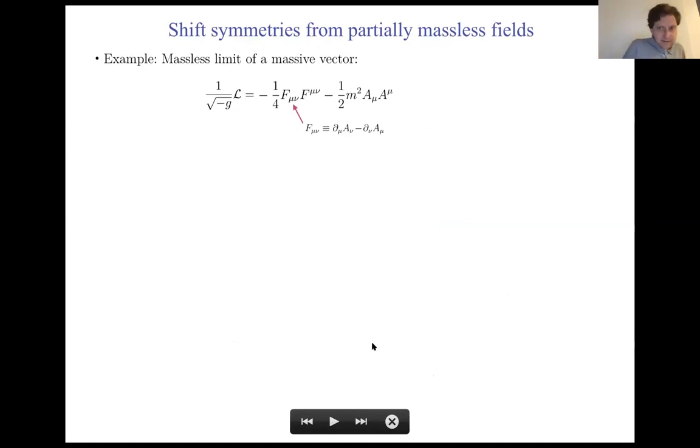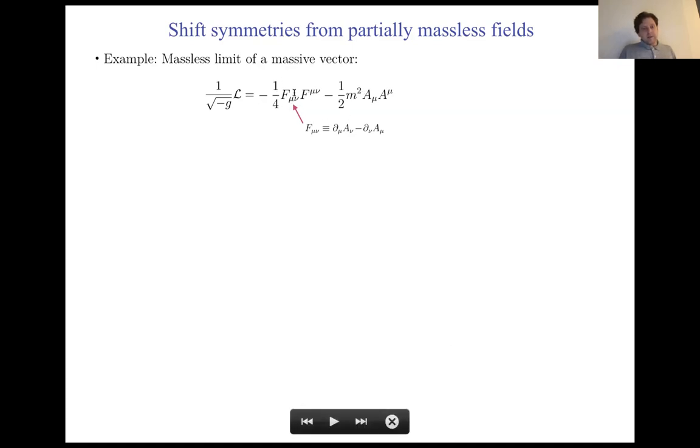Okay, so how do these shift symmetries arise from the decoupling of the null states? As an example, let's consider just a simple massive vector. This is the simplest case. Here is the Lagrangian for a massive vector, a Proca field on our AdS space.